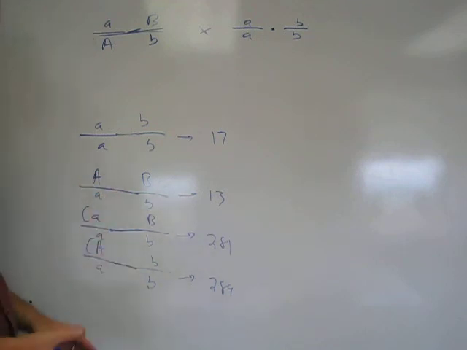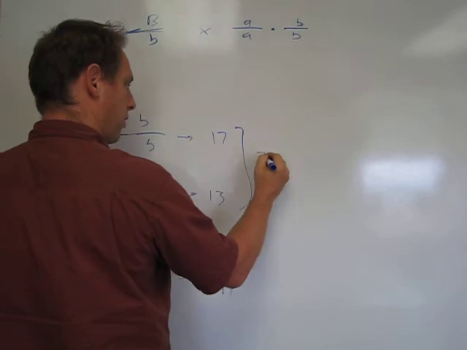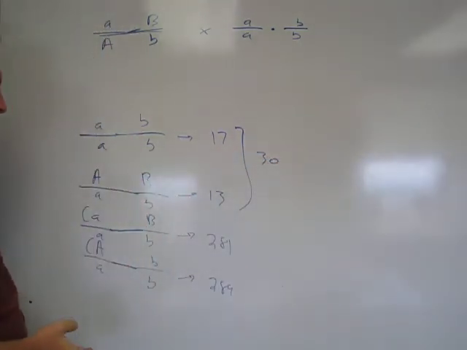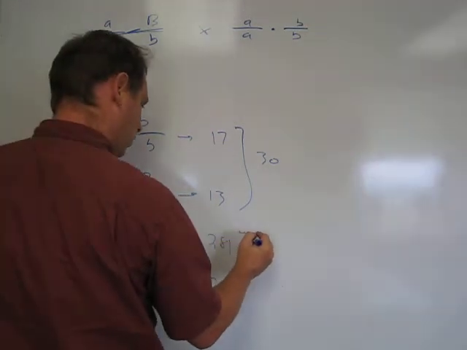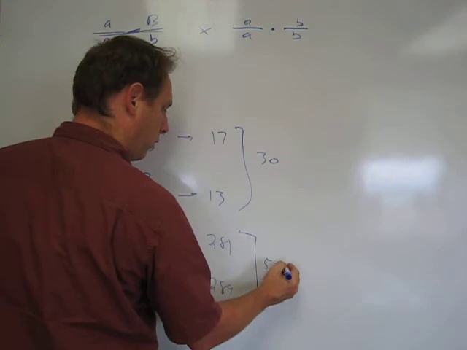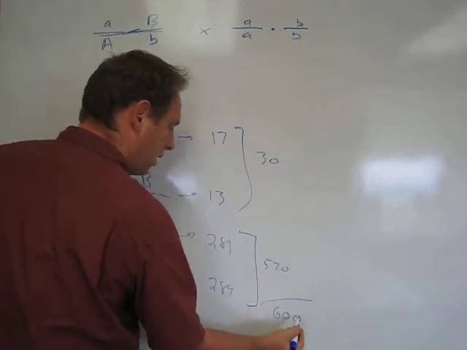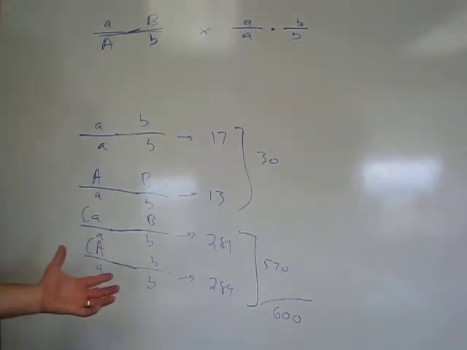Now, what's their genetic distance between these? Well, the recombinant class we can add up, and this adds up to 30. And the parental class, it turns out this adds up to 570. So what's the sum total? It turns out there are 600 total individuals in this, and 30 of them arise through crossing over.